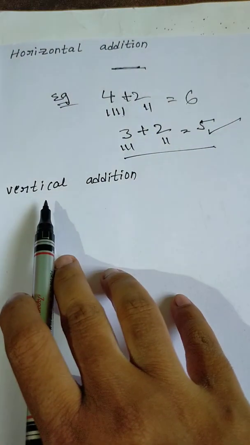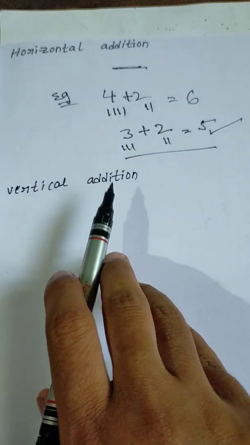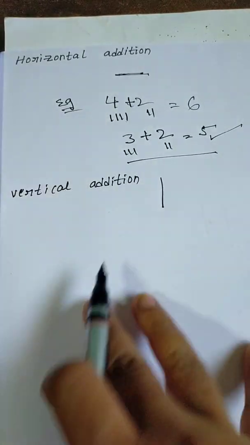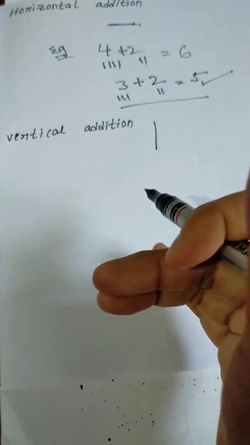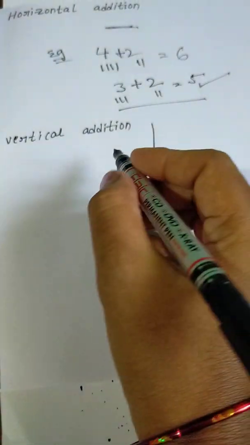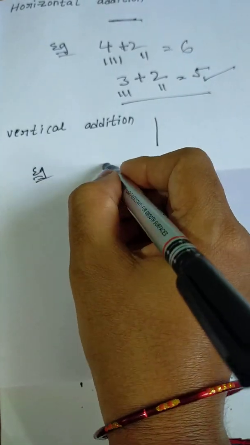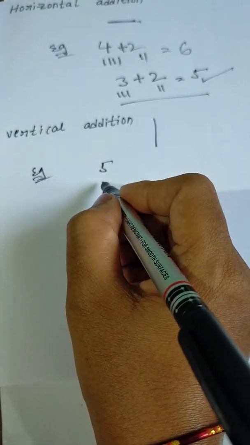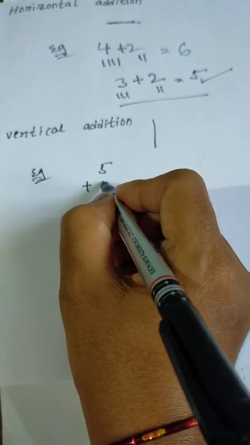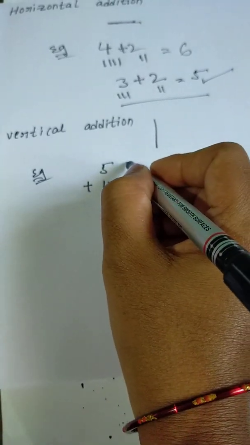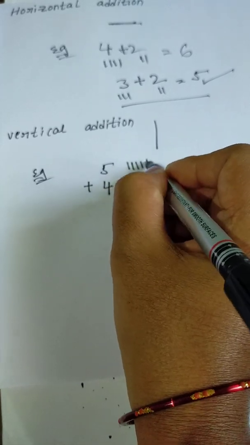Next one, vertical addition. Vertical addition means it is like a straight line, one by one. For example, take the numbers 5 plus 4. 5 plus 4 means draw the 5 lines. 1, 2, 3, 4, 5.